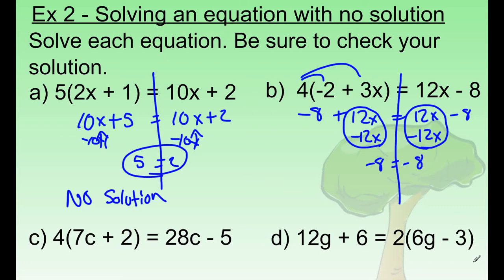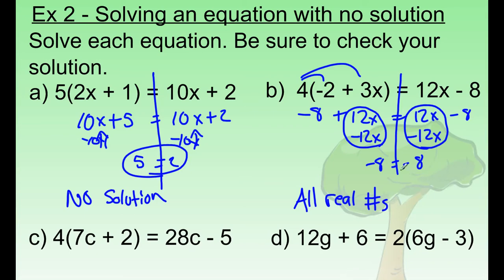This is the other type of special solution. This one is not no solution because here we said, well, does 5 equal 2? No. Over here, does negative 8 equal negative 8? Yeah. This has the solution of, we call it all real numbers.